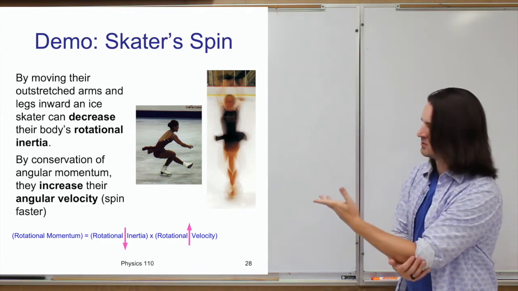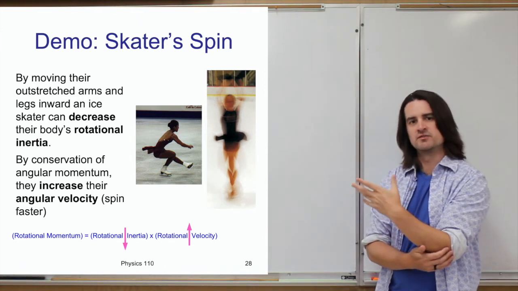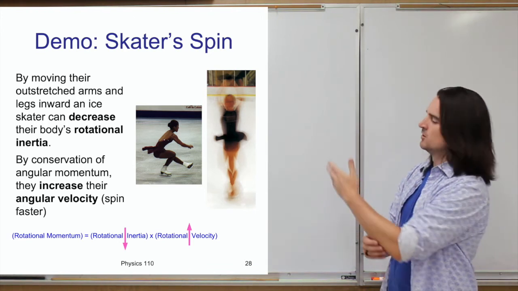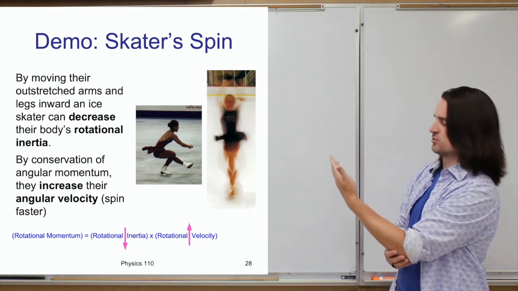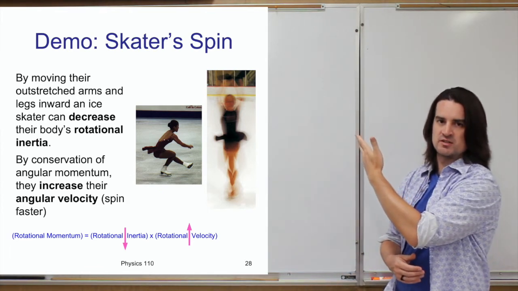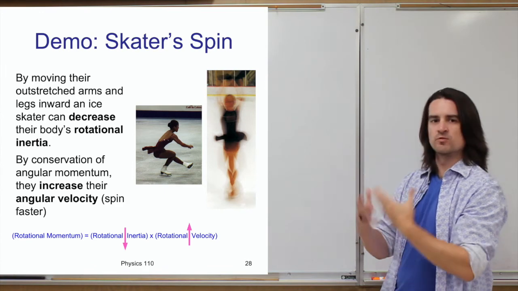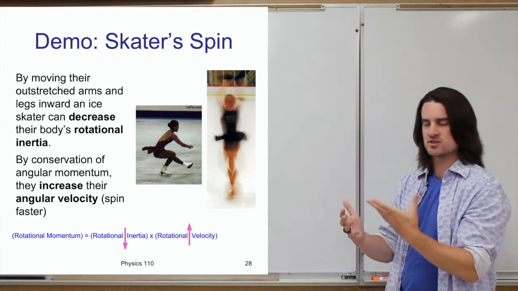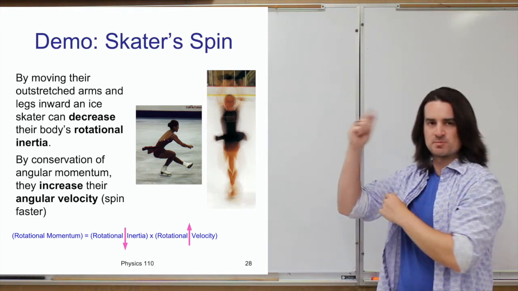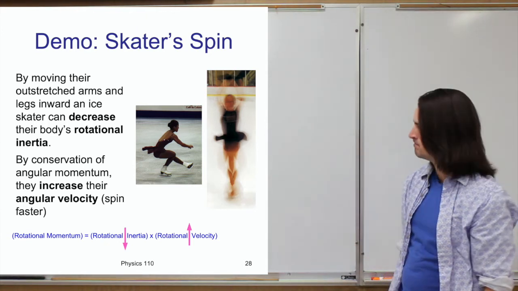So this is how conservation of rotational momentum works. One of those things, rotational inertia goes down, that means rotational velocity needs to go up in order to compensate, so that rotational momentum overall remains the same, it stays constant. So that's why once the skater starts bringing their arms and their legs in, they start spinning faster and faster and faster.